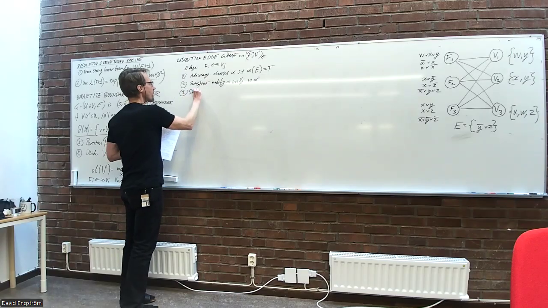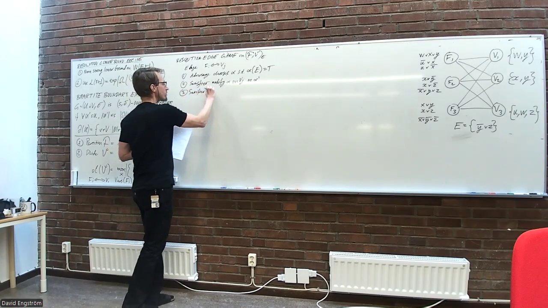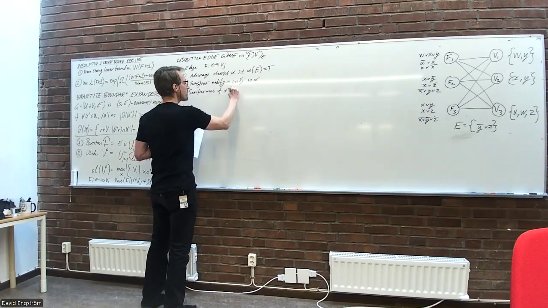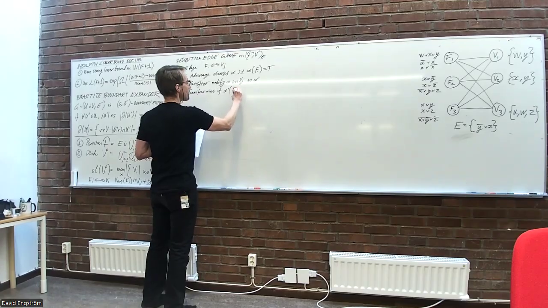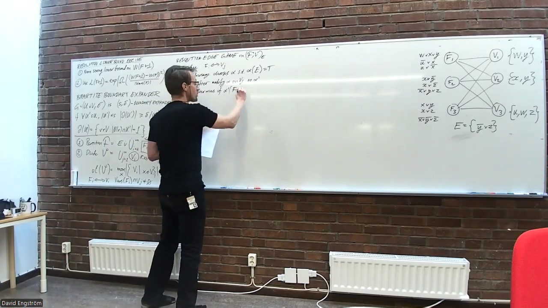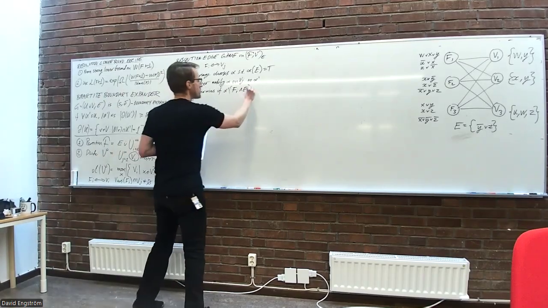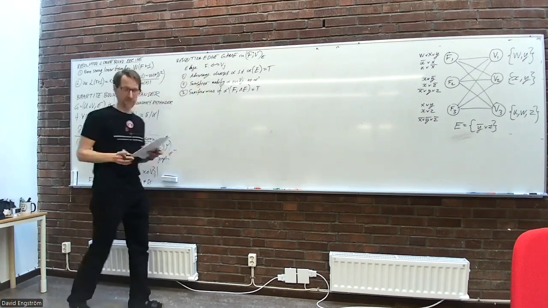Okay, and now the satisfier wins if alpha prime satisfies Fi, plus obviously, and we already talked about this, it has to satisfy E, because otherwise it's not a valid assignment.